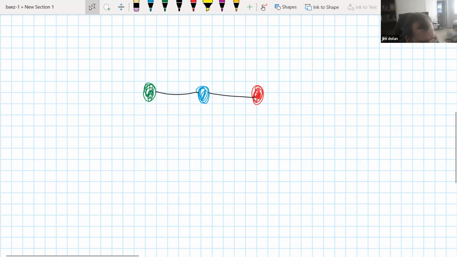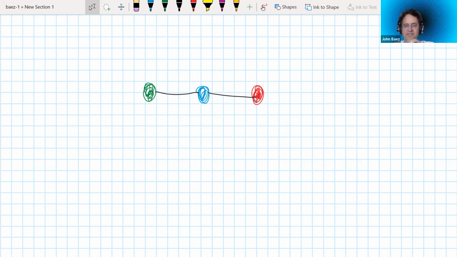Let's see, I always get confused which end is which. So the Gaussian must be the thing in the middle or something like that, right? I don't even know. How do you remember that? Because it's very four-ish or something like that.